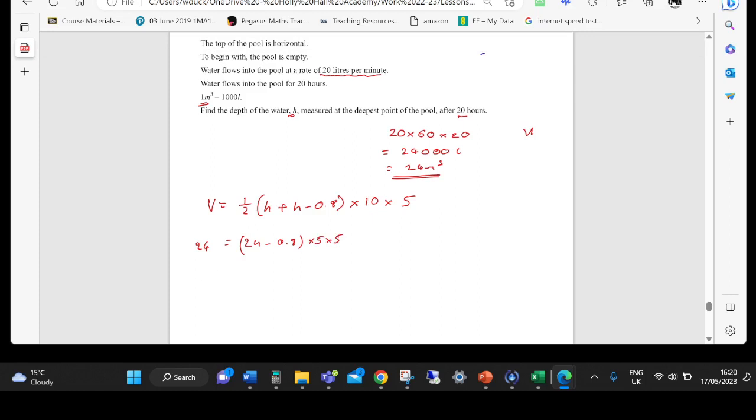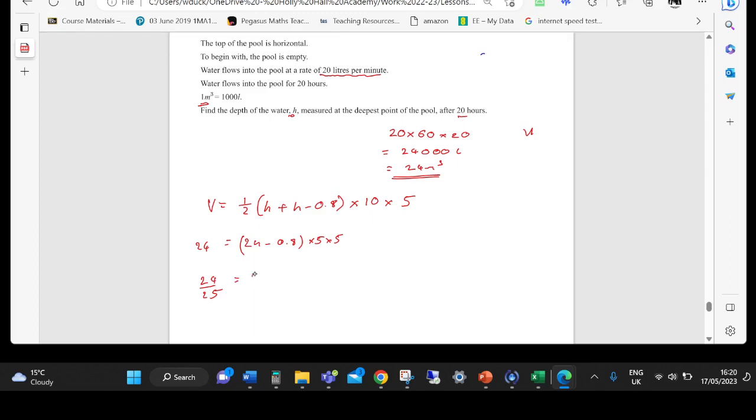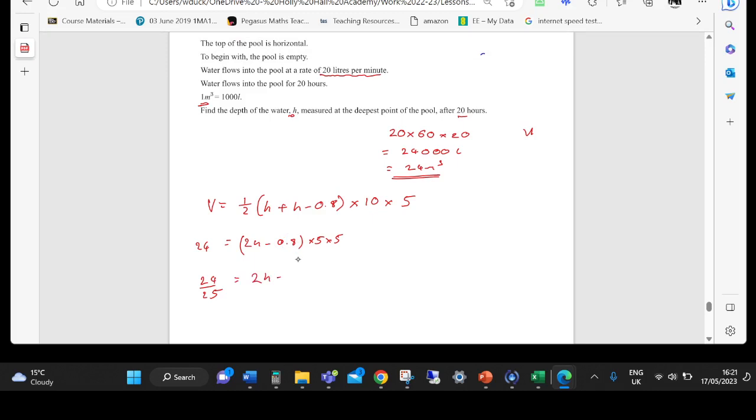So 5 times 5 is 25, so that's going to be 24 over 25 is equal to 2h minus 0.8, which is 4/5.